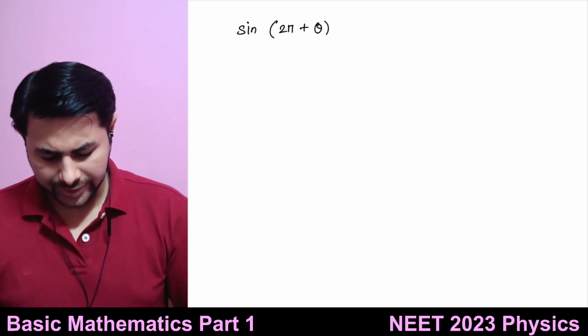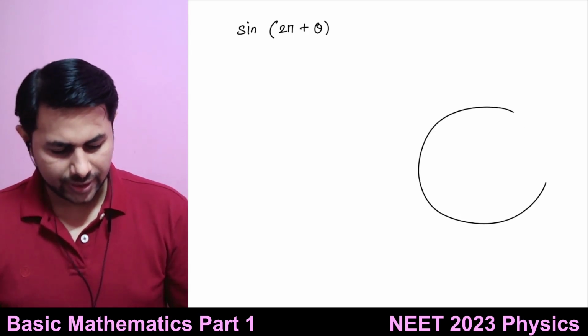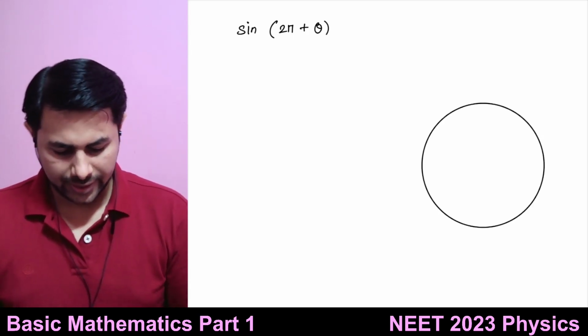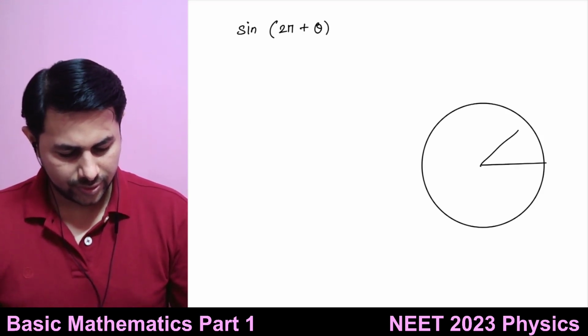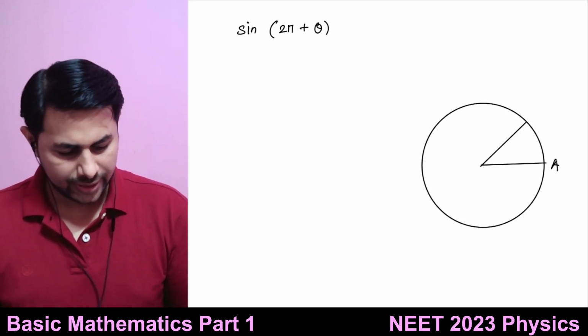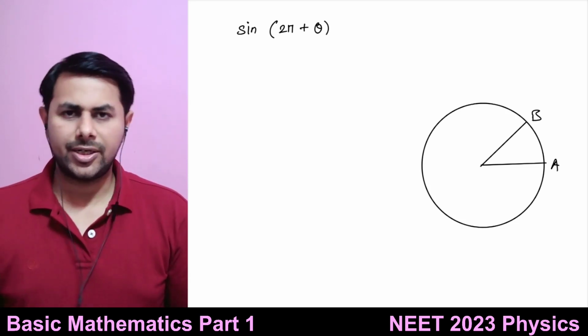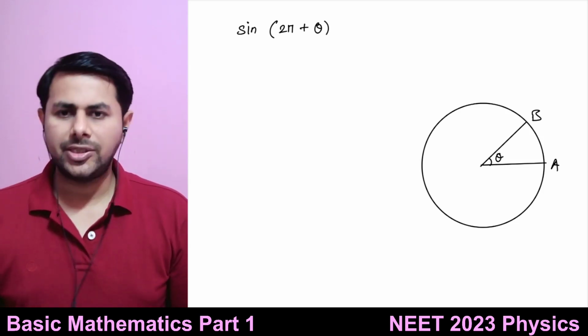Intuitively it must be clear. If I take a circle and I take an angle from this point to this point, let's call it AB, the angle subtended by arc AB at the center is theta.